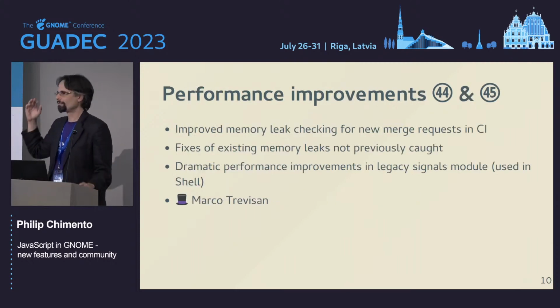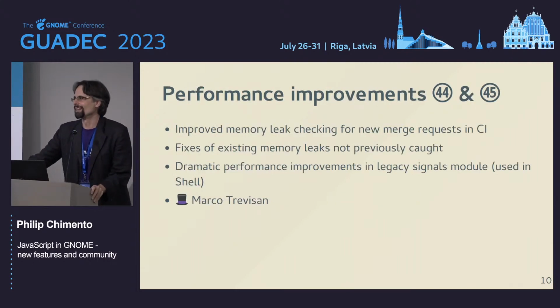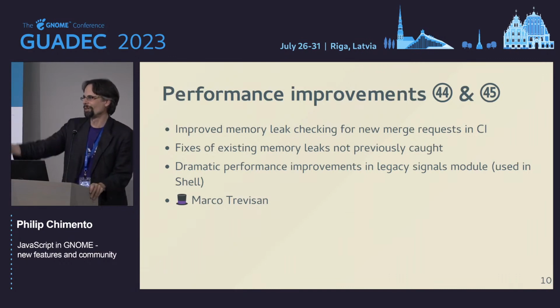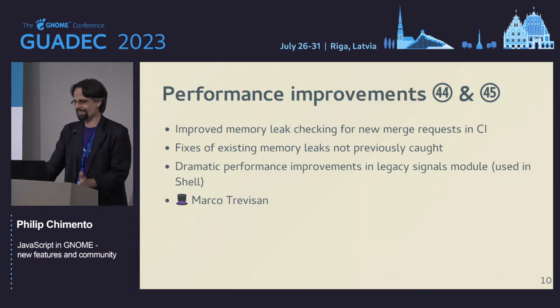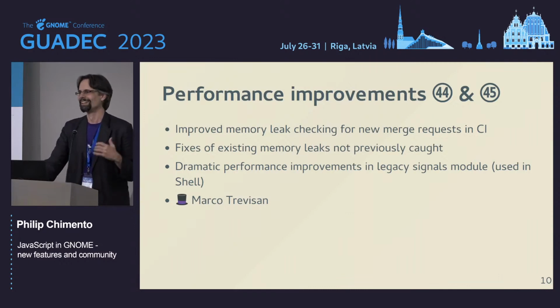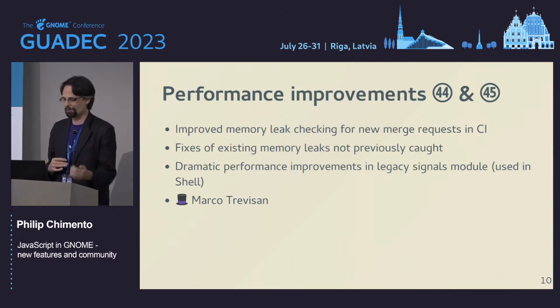All right. We have loads and loads of performance improvements in GNOME 44 and 45, thanks to Marco over there. The biggest thing, to my great embarrassment, we were not actually properly using address sanitizer in our checking code for merge requests. So actually a bunch of merge requests got through that had memory leaks.